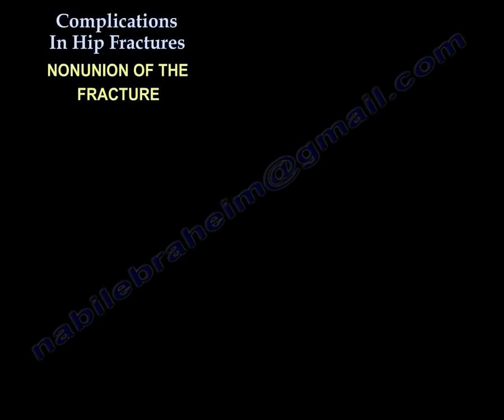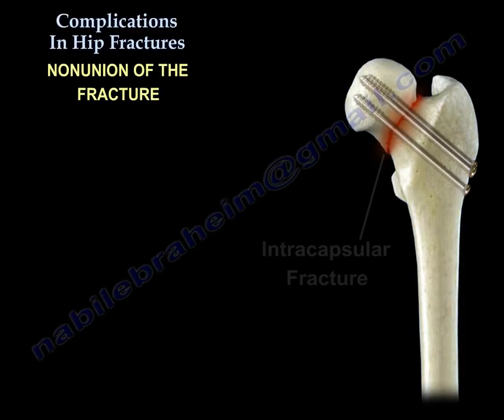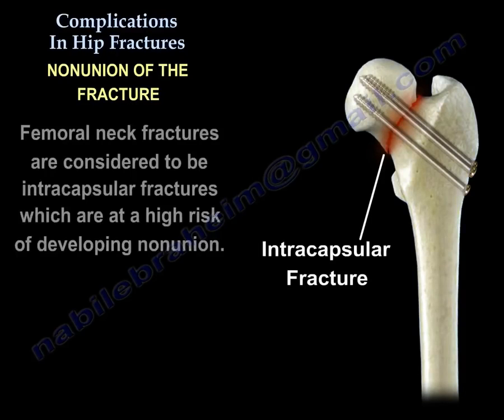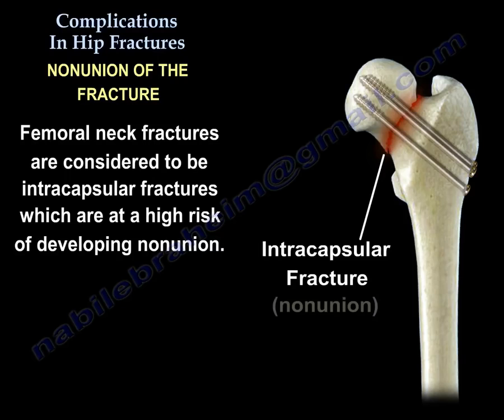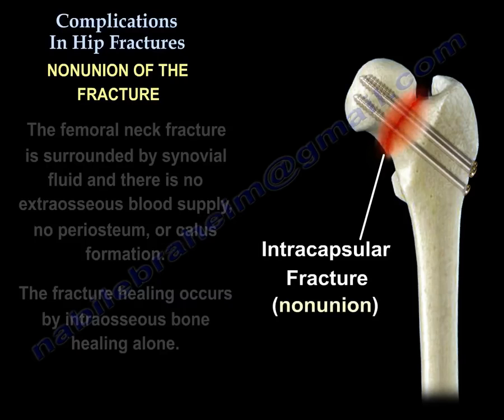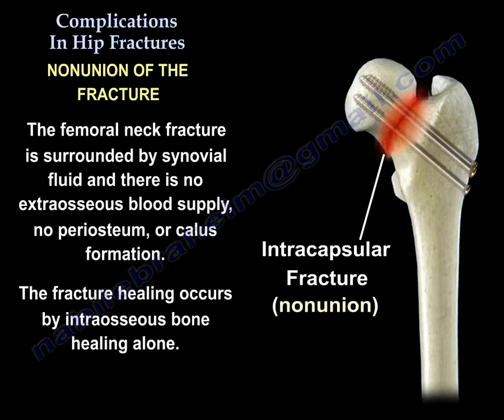Another complication is non-union of the fracture. The fracture didn't heal. Femoral neck fractures are considered intracapsular fractures, which are at a high risk of developing non-union. The fracture is surrounded by synovial fluid, and there is no extraosseous blood supply, so there is no callus.